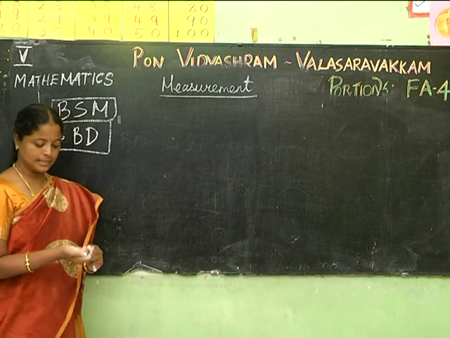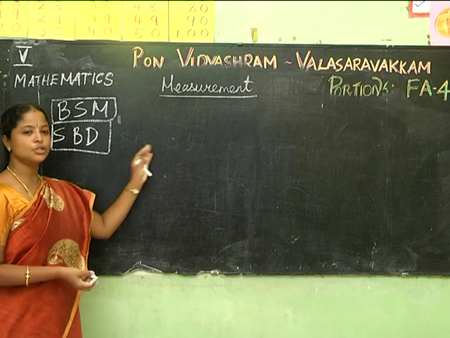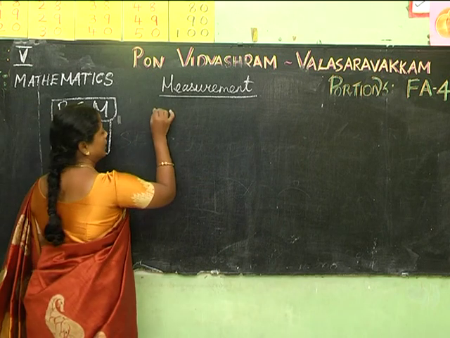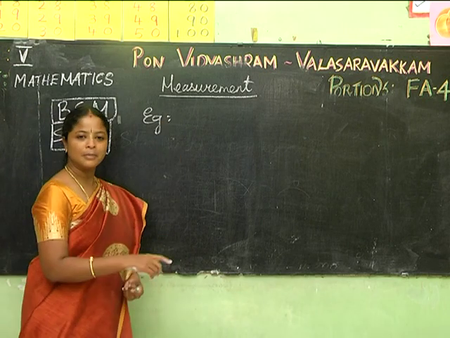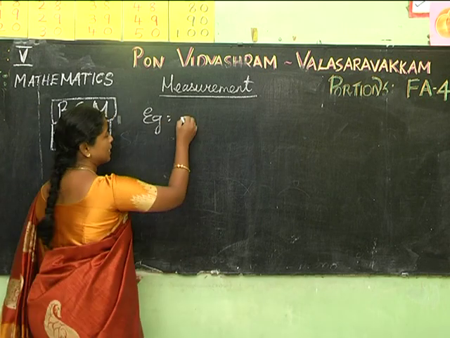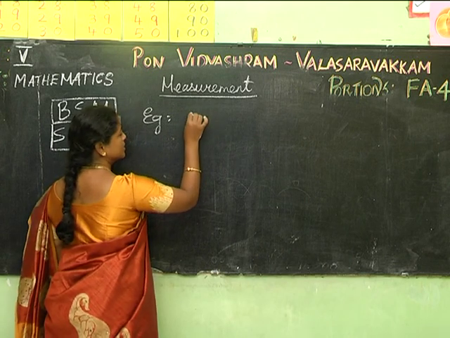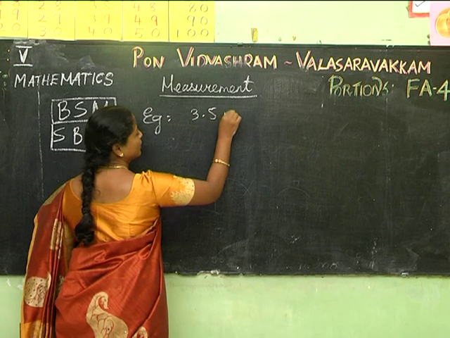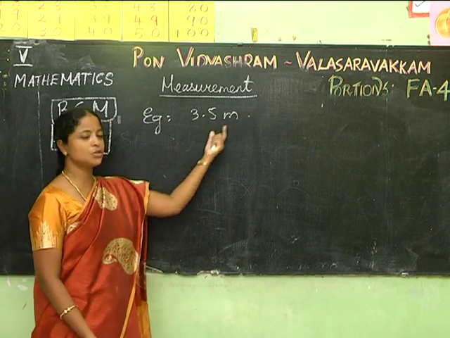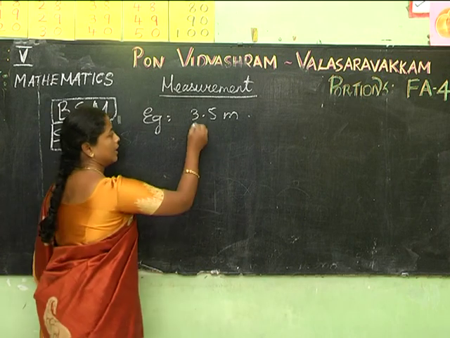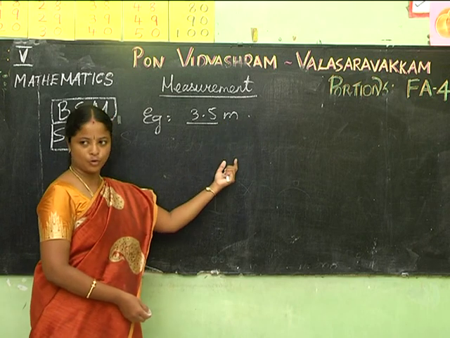We also use decimals when we convert from one unit to another. For example, if I am going to measure the length of this room, say it is 3.5 meter. Now I have to change this meter to centimeter. Now you know that we are going from a bigger unit to a smaller unit.